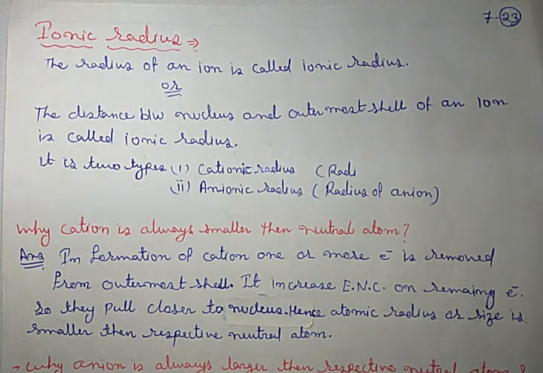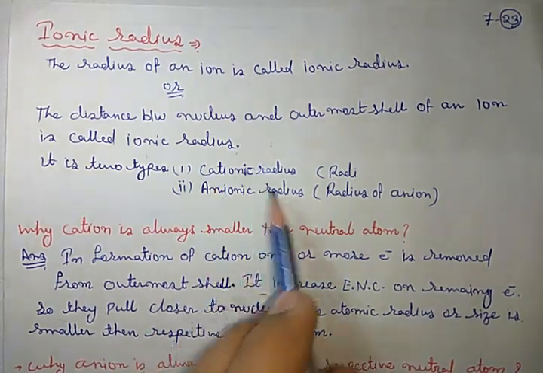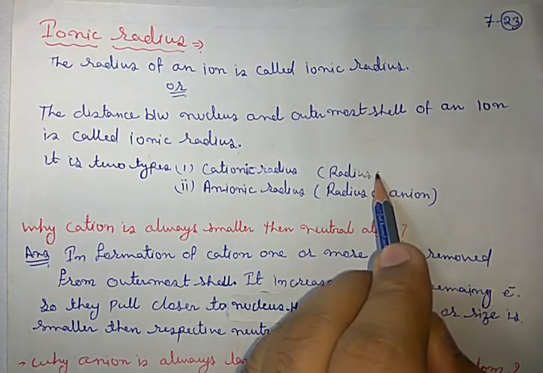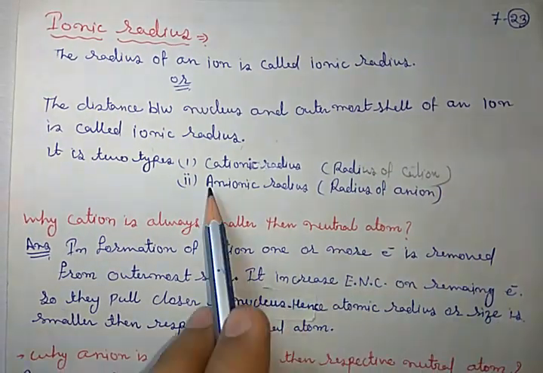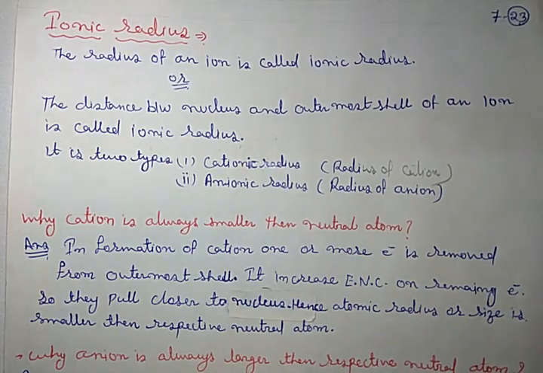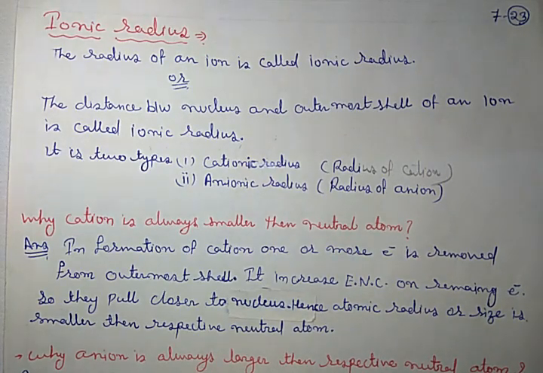Since there are two types of ions, there are two radii. First is cationic radius, the radius of a cation. Second is anionic radius, the radius of an anion.